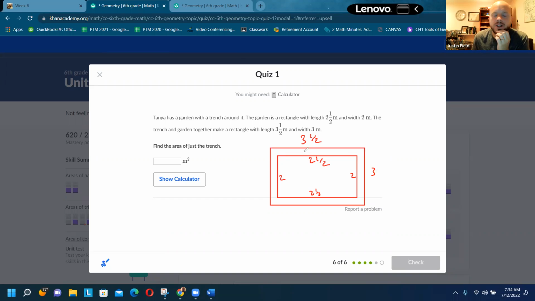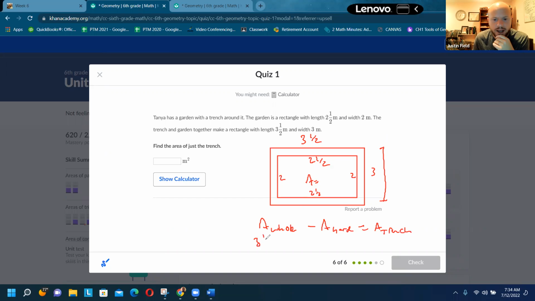All right. So there's a number of ways we could do this, but the easiest way is to find the area of the inside and the area of the whole thing, and then subtract them. Okay. The area of the whole minus the area of the garden is going to give us the area of the trench. It's called composite area.